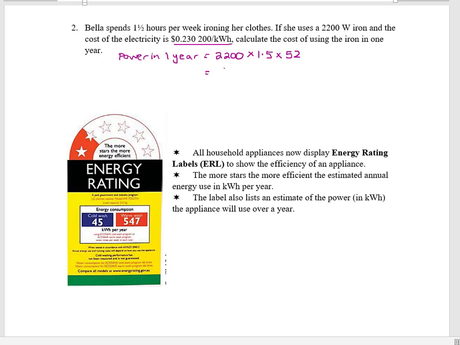So multiplying that all together, I get 171,600 watt hours. I'm now going to divide that by 1,000 to change it into kilowatt hours. And I get 171.6 kilowatt hours. So now I need to know what the cost is going to be. I know how much power I've used over a year, and I need to multiply that now by the cost of electricity.